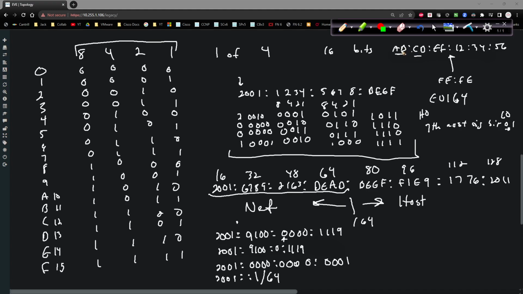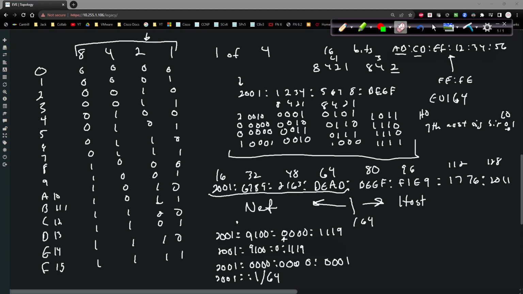So the B in this case, and if you're not sure what the seventh most significant bit is, it's going to be 8, 4, 2, 1. This is 4 bits. And then you've got 8, 4, 2. This is going to be 3 bits. So whatever's the 2, in this case it's going to be this one. For a B, it's going to be this 1. If it's turned on, you're going to turn it off.